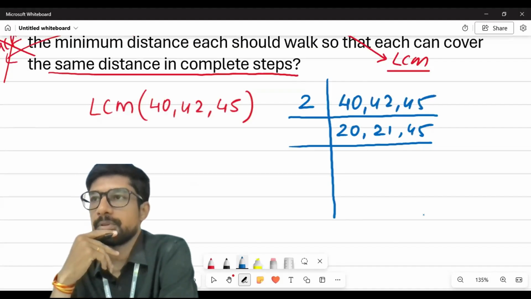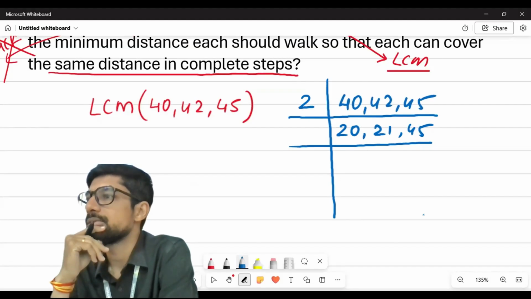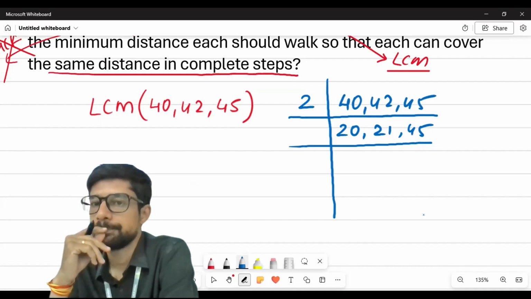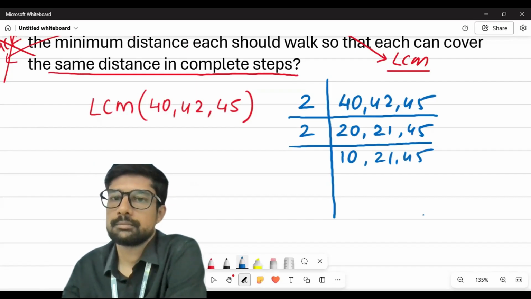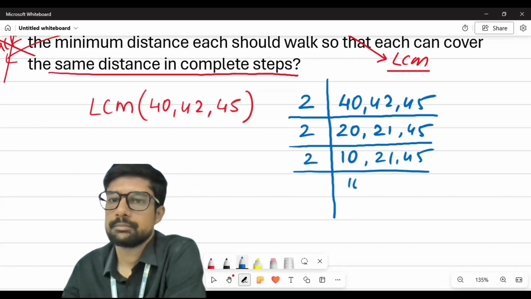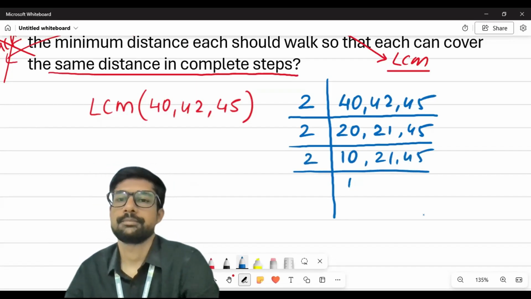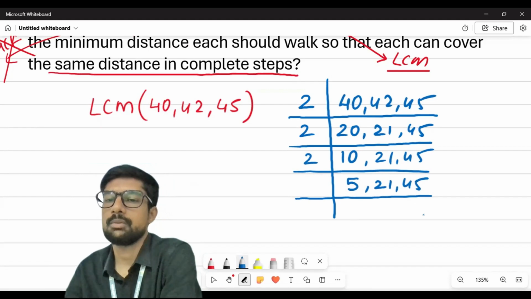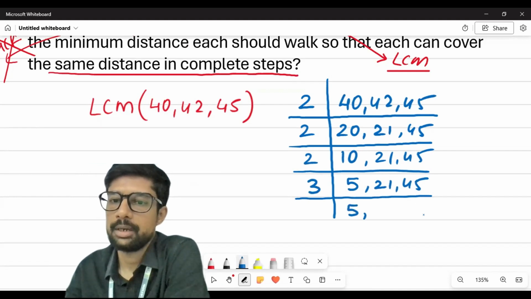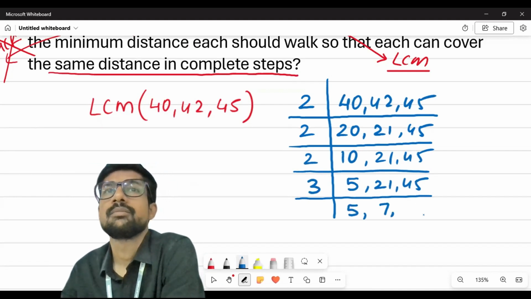Okay. We'll just get it cross-checked if somebody else also provides the answer for LCM. This should not pose a challenge now. We should be able to do that. 420.